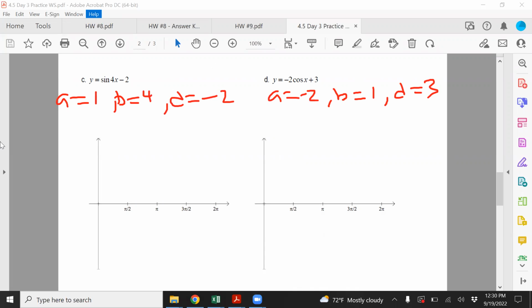So again, get that out of the way, A, B, D. Amplitude and period. Amplitude's 1 and 2. Period is going to be pi over 2 for this one. Yeah, it's going to be really small. This is 2 pi.